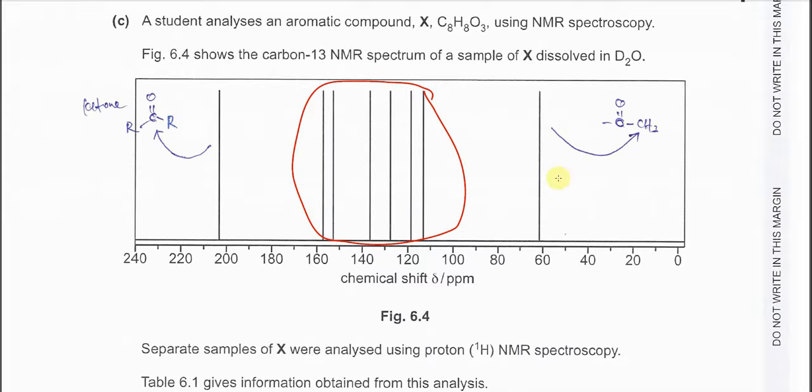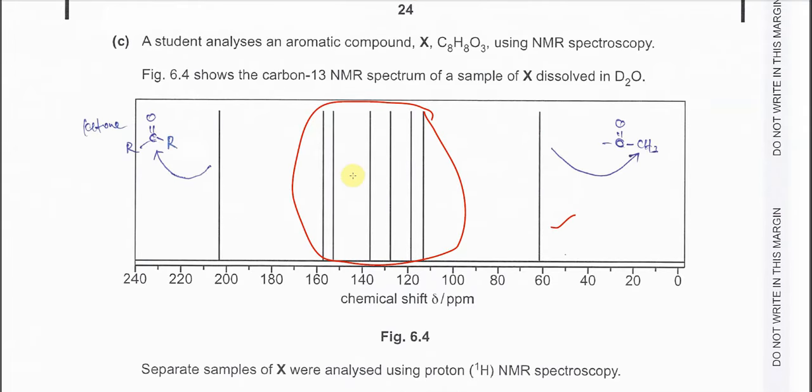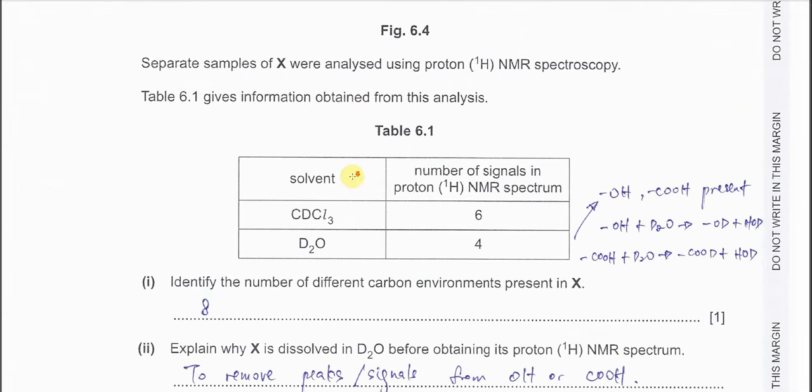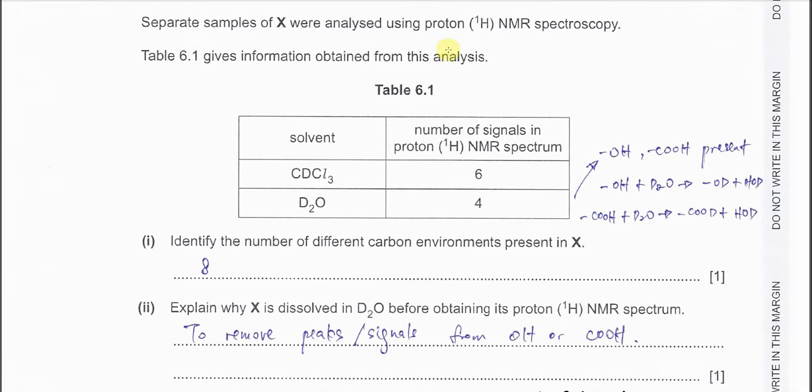And these 2 carbons, if you check the table, are the carbons that are next to carbonyl. And this is the carbon in the carbonyl group. So this is the info that you can get from the spectrum. Okay, now let's move on to the other part. Okay, separate samples of X will be analyzed using proton NMR.